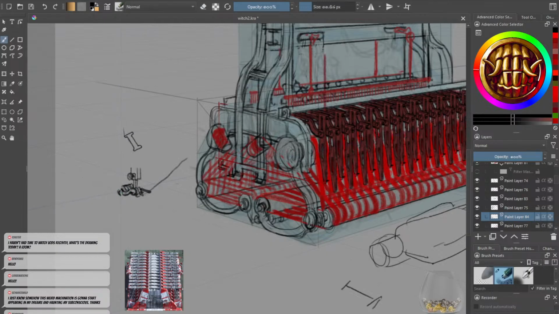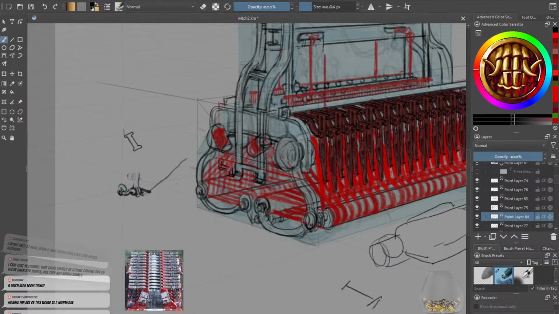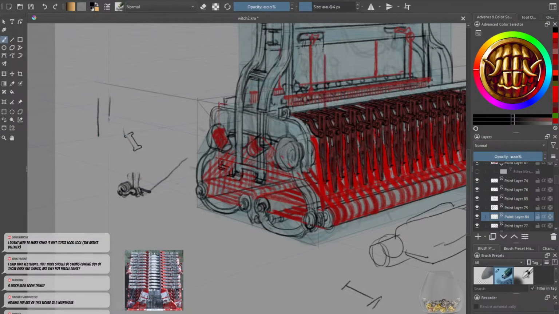That'd be the cheapest solution, I think. So how do we connect that to this? Like, how did this transition into that?